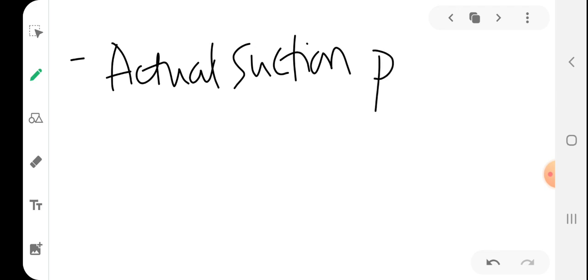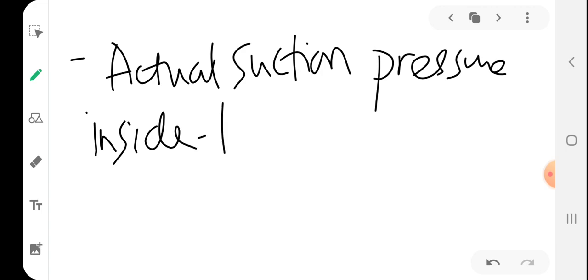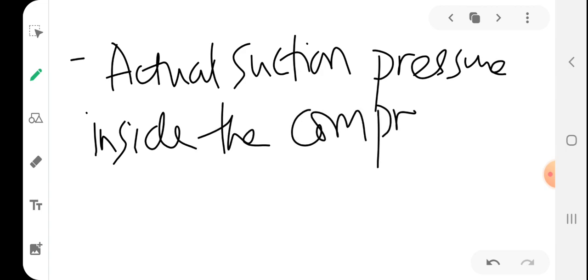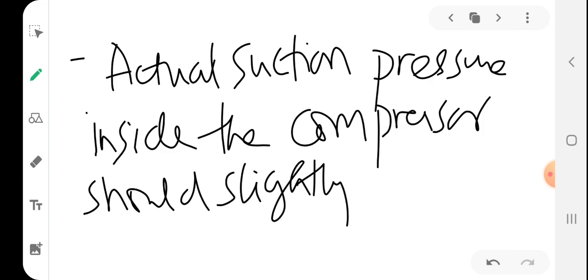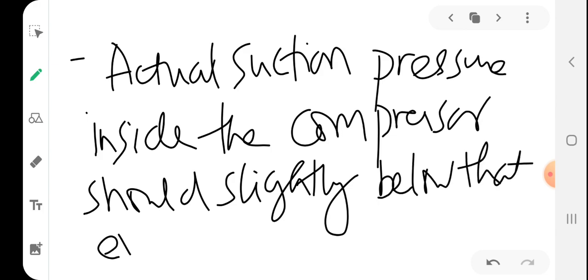Another point is that both the compressor suction and discharge valves are actuated by pressure difference, and the process requires that the actual suction pressure inside the compressor should be slightly below that of the evaporator.